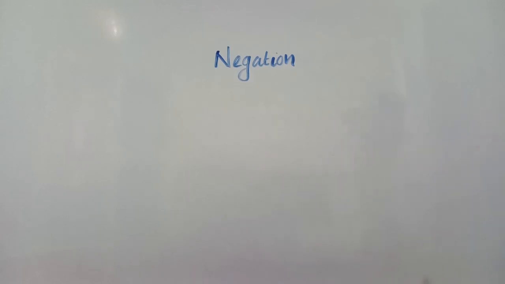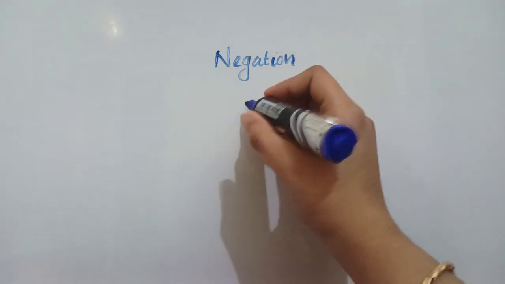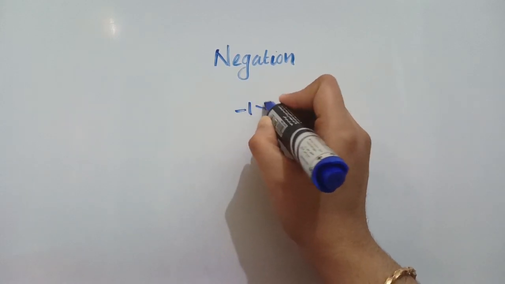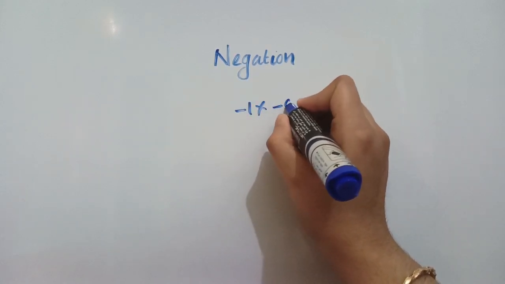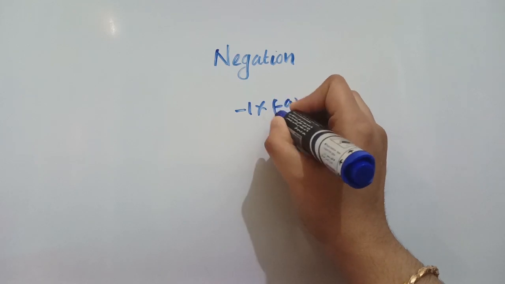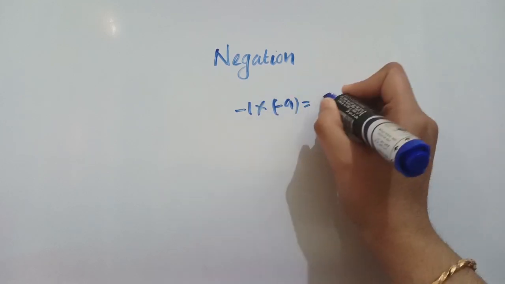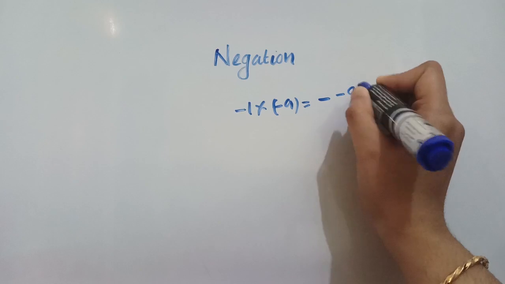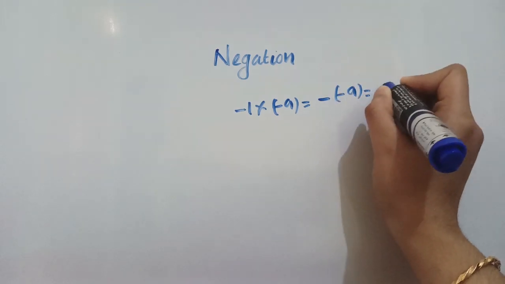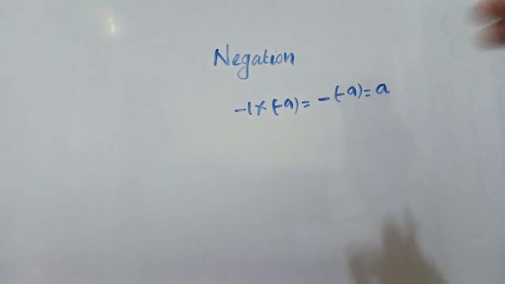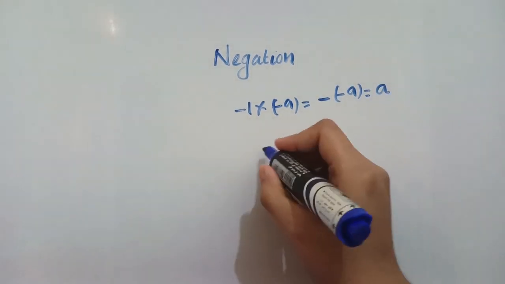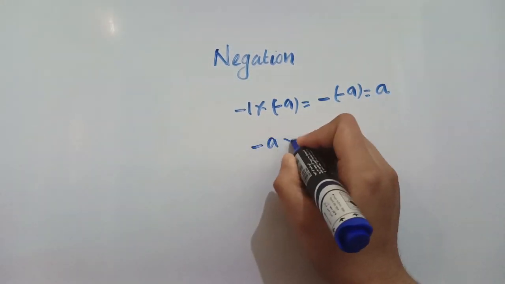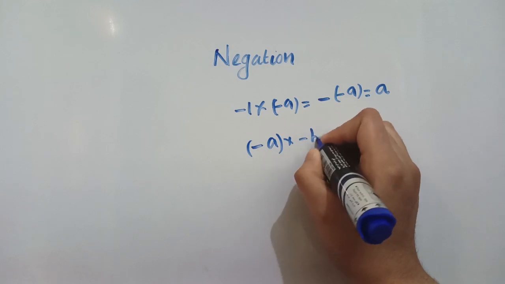Next, negation. It means multiplying two negative numbers makes a positive number, or multiplying a negative and a positive makes a negative number. For example, minus 1 into minus a. Multiplying negative numbers, minus 1 into minus a means minus of minus a, which is equal to a. We will get a positive number. Next, minus a into minus b.